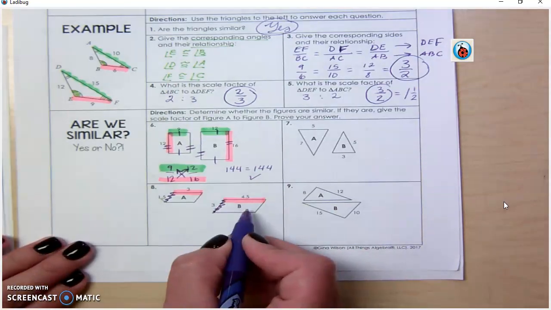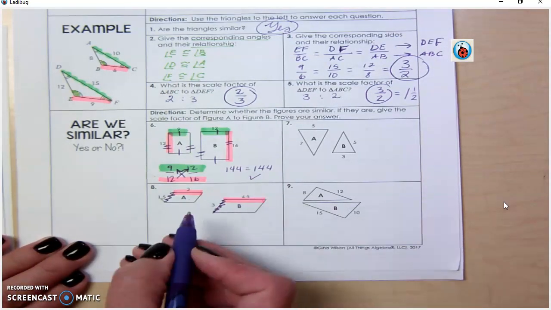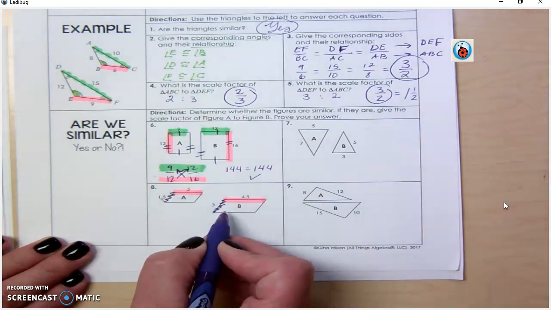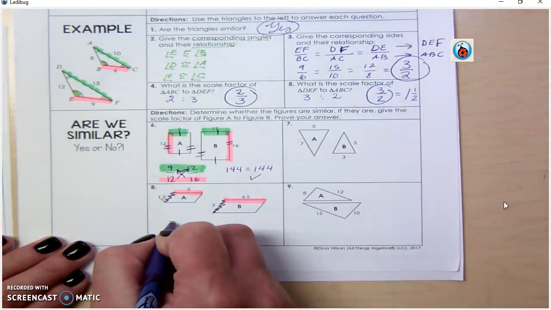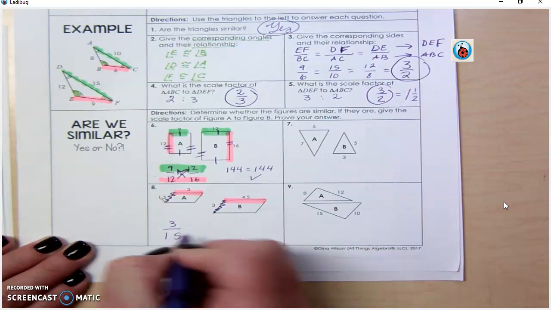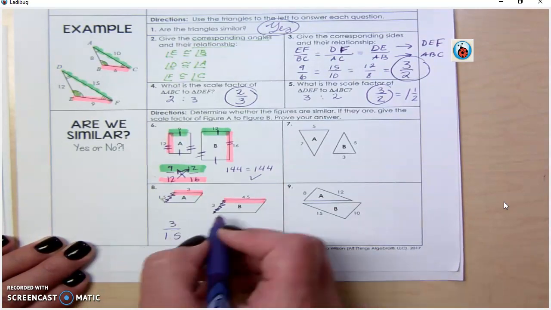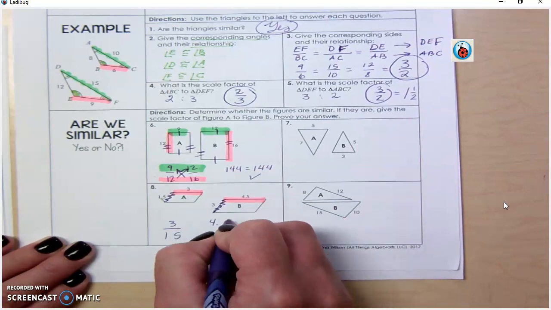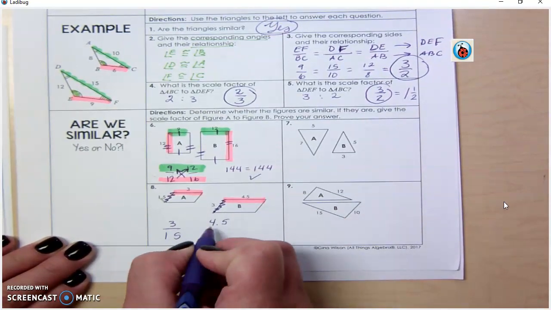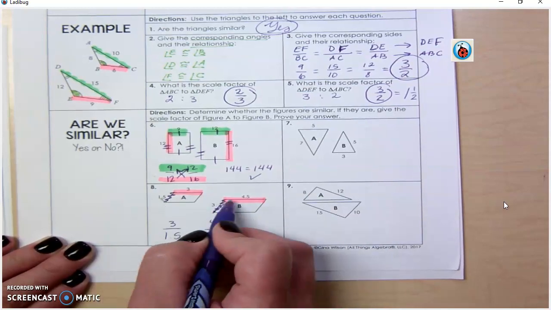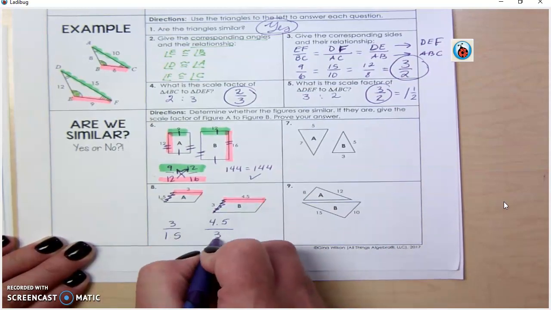But when I'm setting up my proportion, I am really making sure that my labels match up. So 3 to 1.5, so this is the measures of my smaller parallelogram, are related to 4.5. So 3 and 4.5 are both in the numerator. They're both in pink, related to 3.